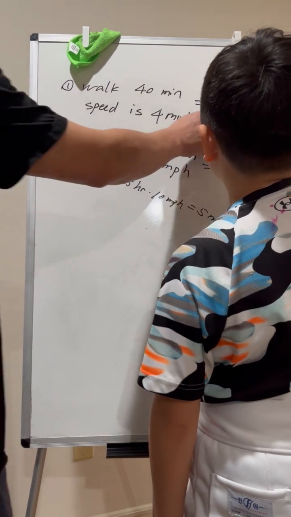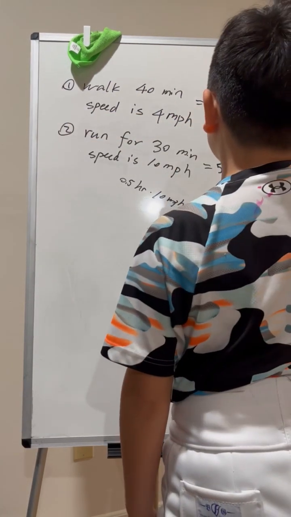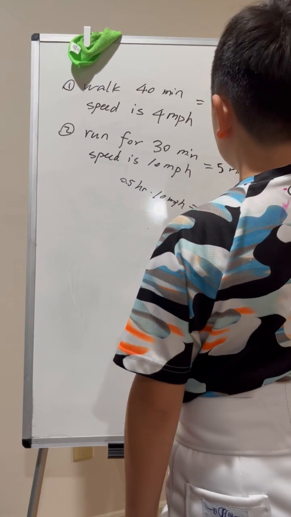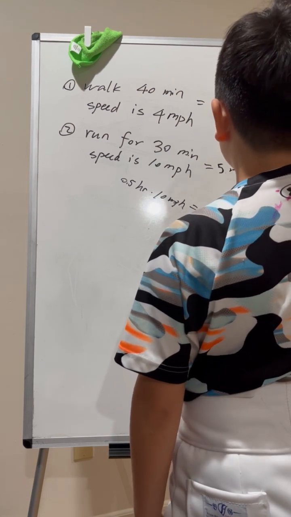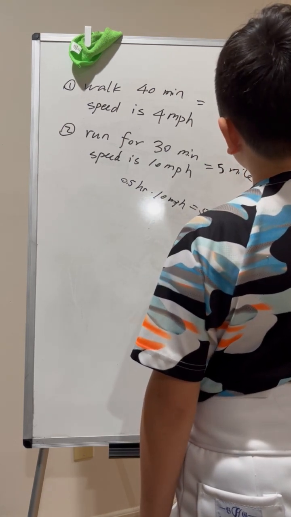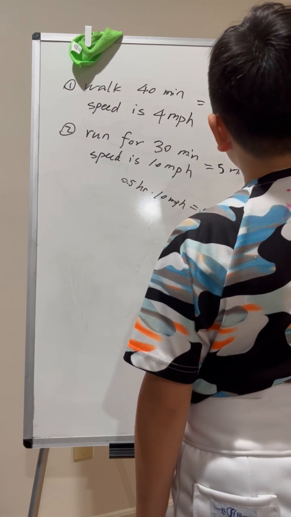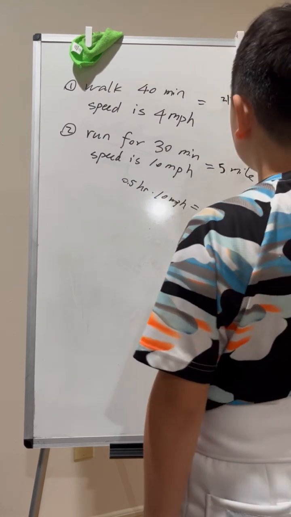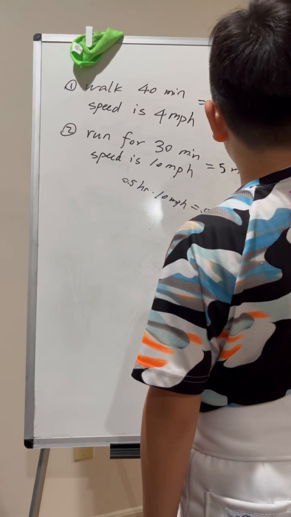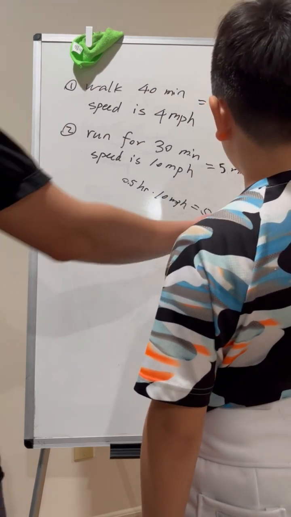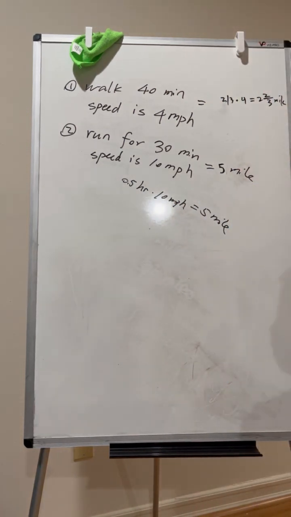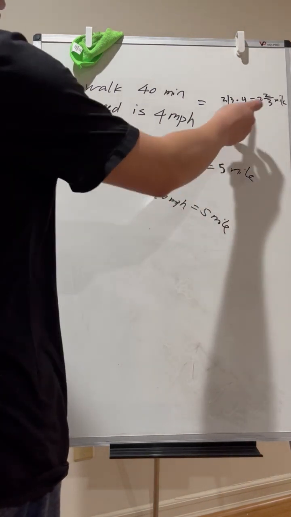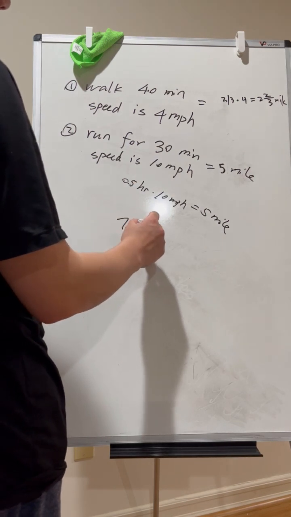You can use a fractional number. 2/3 multiplied by 4 equals 2 and 2/3 miles. So 5 miles plus 2 and 2/3 miles, so you add them together, right?